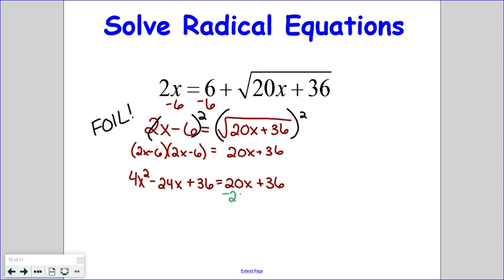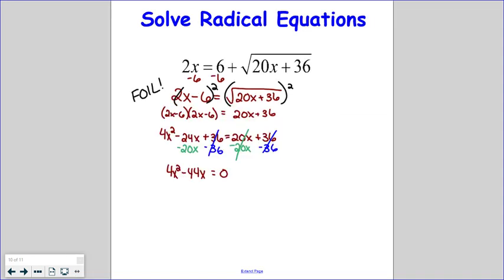So as I'm doing this, I would move everything to the left so that my x squared is positive. So subtract 20x. And then when I go to subtract the 36, notice that that cancels also. And that's okay. We just get negative 4x squared minus 44x equals 0.